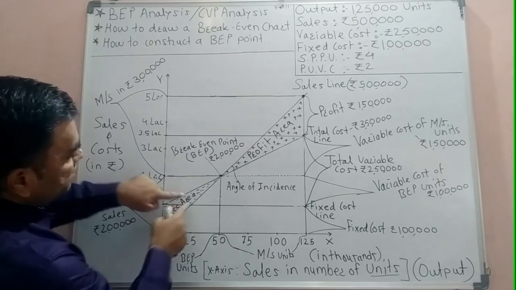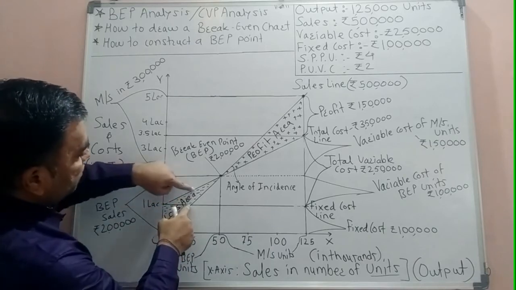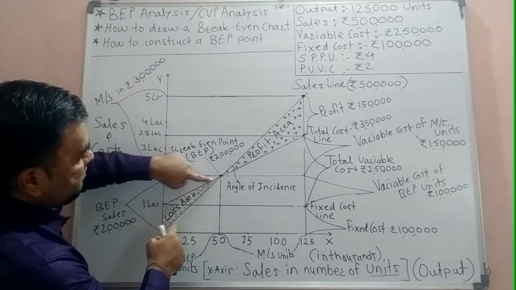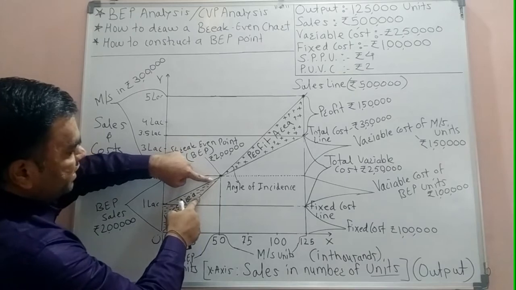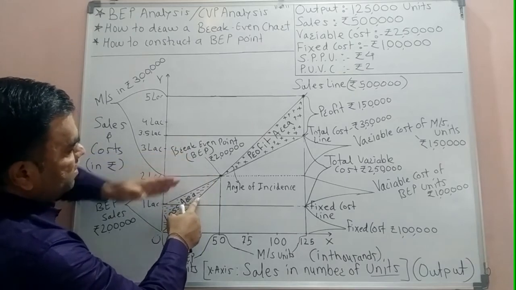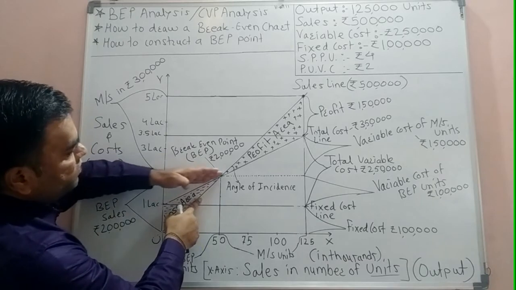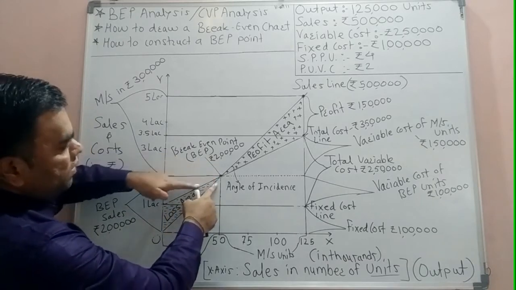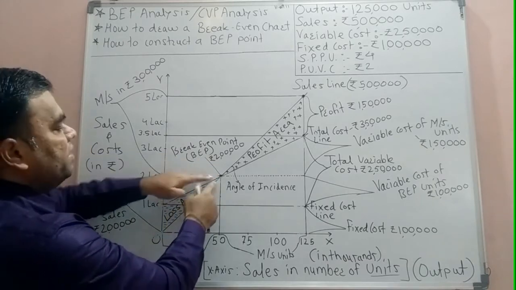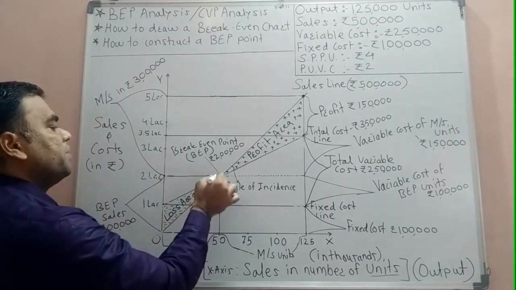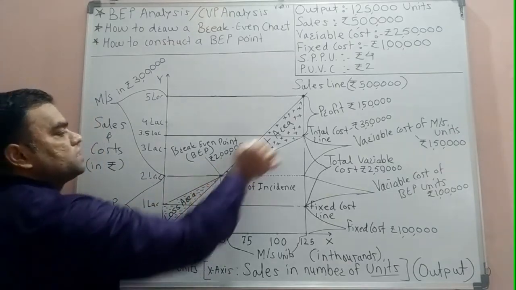Again, this is your sales line at this point and total cost is at this point. You can see this is the total cost line and this is your sales line. Total cost is above the sales line. That's why you are incurring loss. But when the BEP point comes, then you start earning.